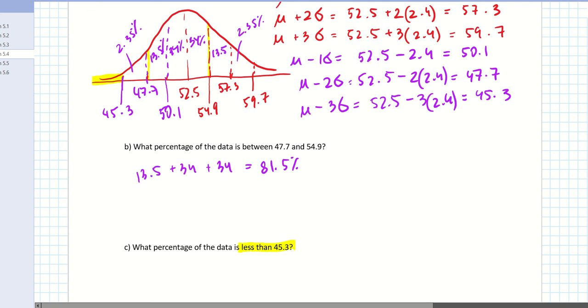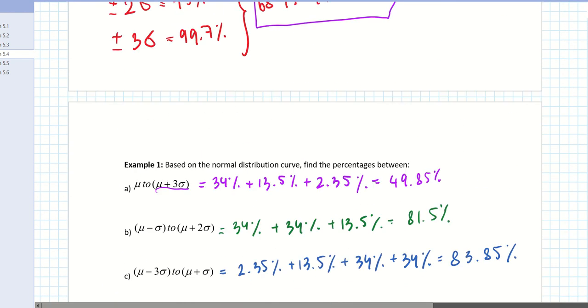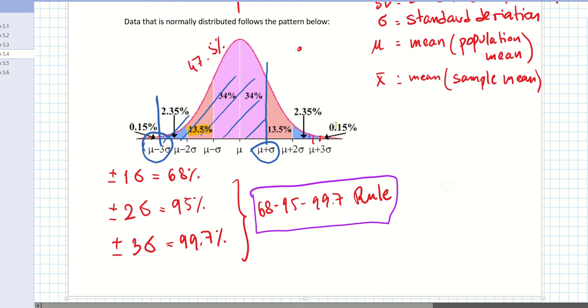Well, we know if you have plus minus 3 standard deviations, it's going to be 99.7%. And then we're going to be left over with the left and the right side, which is the leftover area, which is going to be 0.3%. So then we can just divide it by 2. Or actually on the diagram that was shown here, we're given the values.